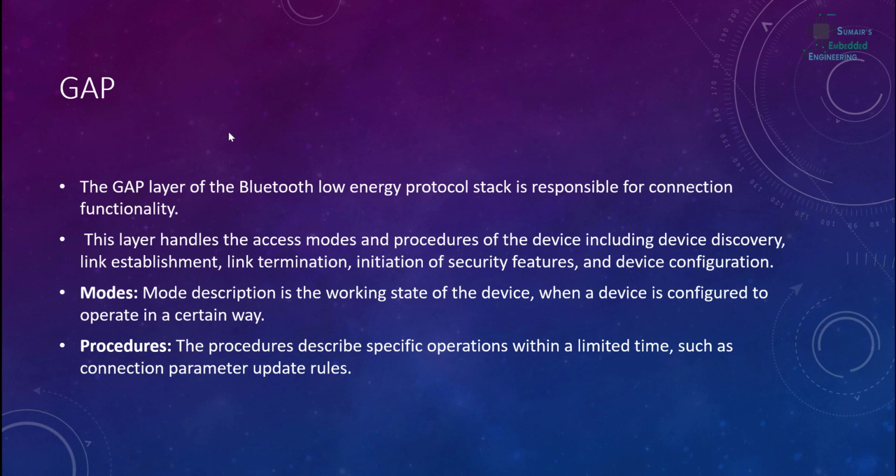And the procedures are basically the descriptions of a specific operation within a limited time. For example, I have already mentioned connection parameter update rules. We have different connection parameter update rules, and we will see them in the coding as well.